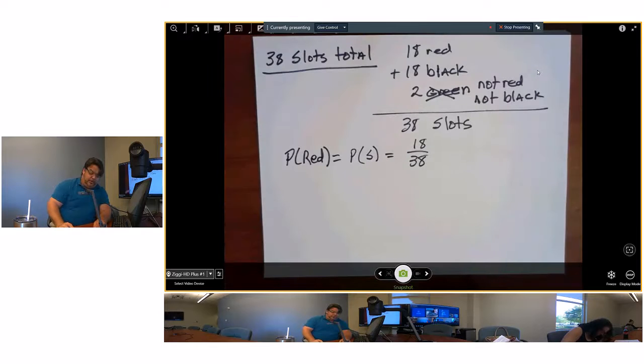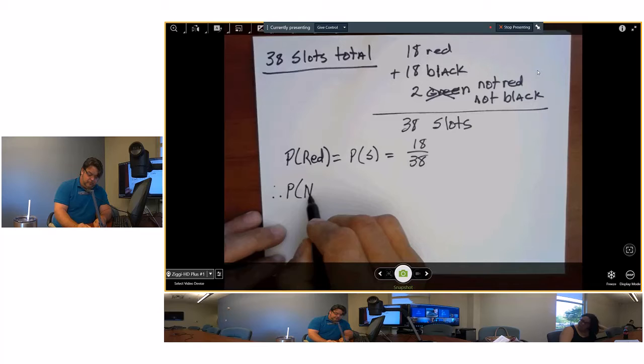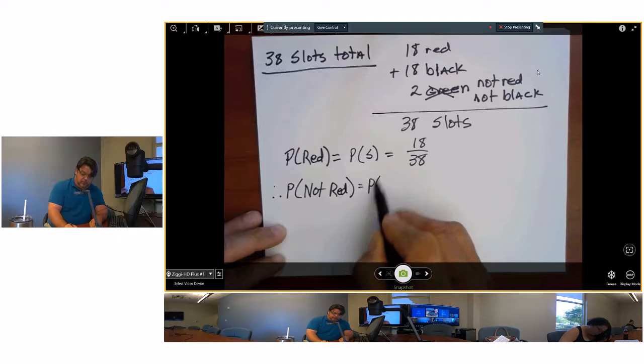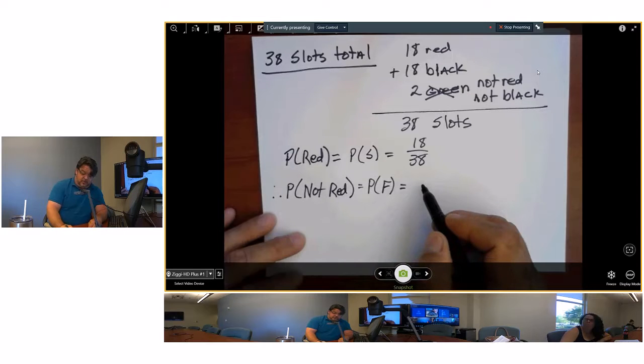Now, if the probability of red is success, then the probability of not red is what? 20 over 38. Failure, which would be 20 over 38.